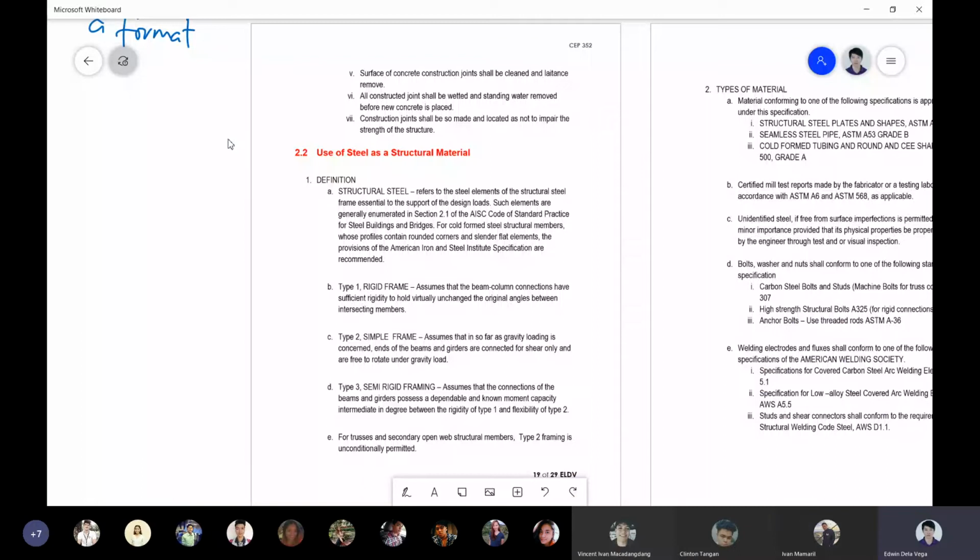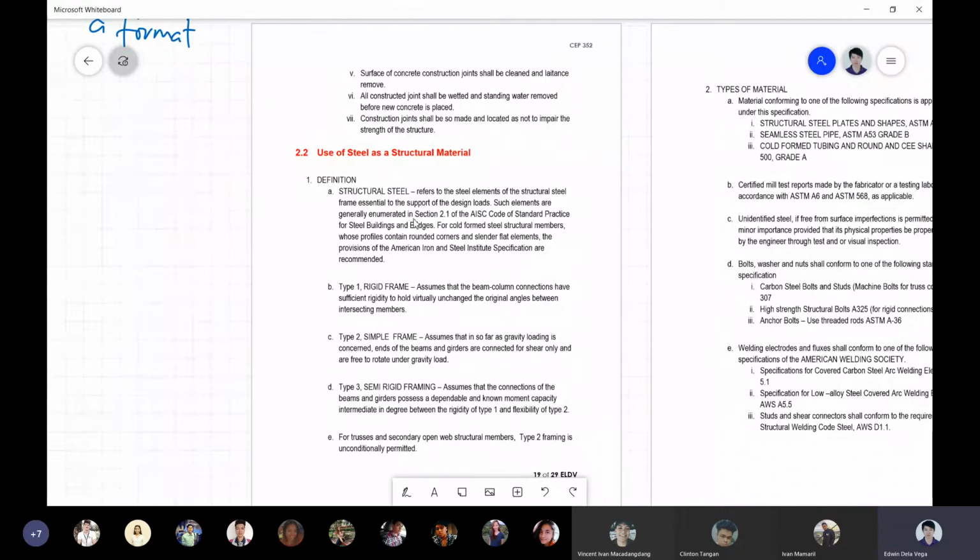Okay, so for section 2.2, the use of steel as a structural material. So we look into some definitions of steel.